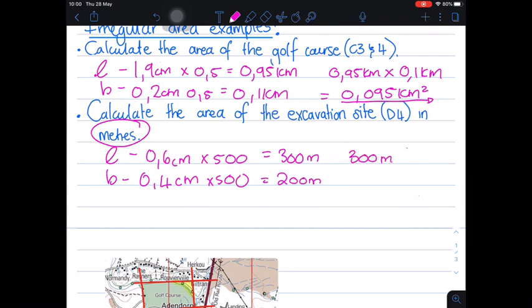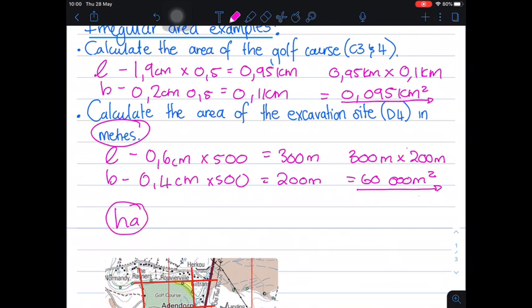And then if we times both of those reality distances, 300 meters times by 200 meters, we get an answer of 60,000 meters squared.